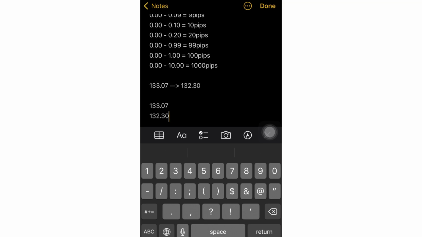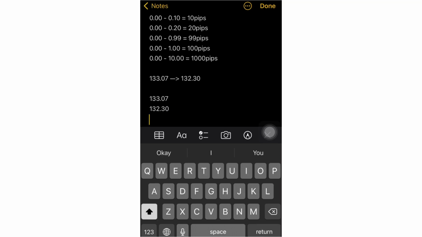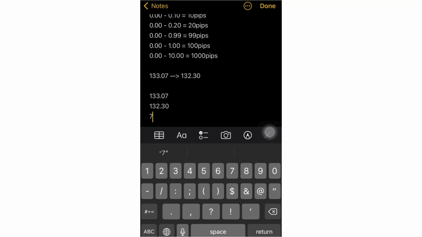So now we want to know the number of pips movement. All we have to do is just minus. So when we say 7 minus 0, we have 7, right? And 0 minus 3, it cannot go. We take 1 from the 3 up here, and it becomes 10. 10 minus 3, we have what? 7, right?